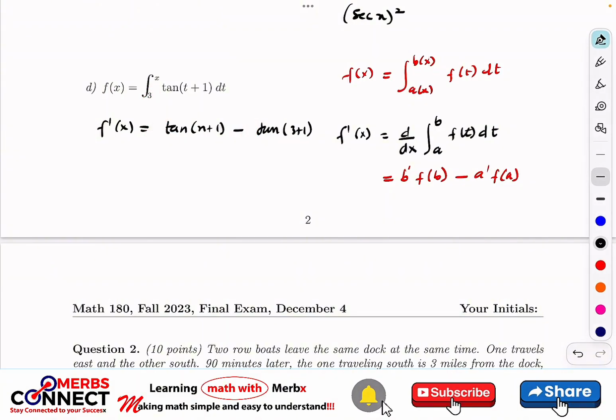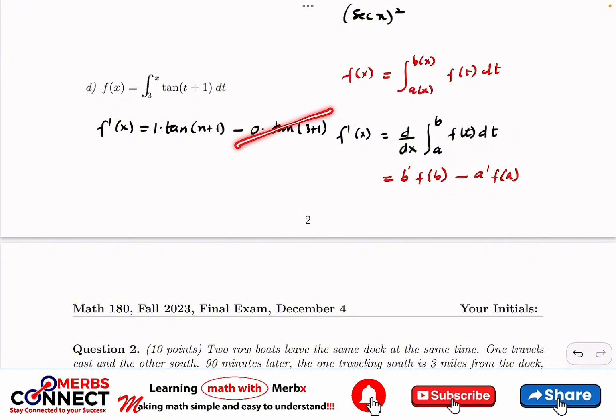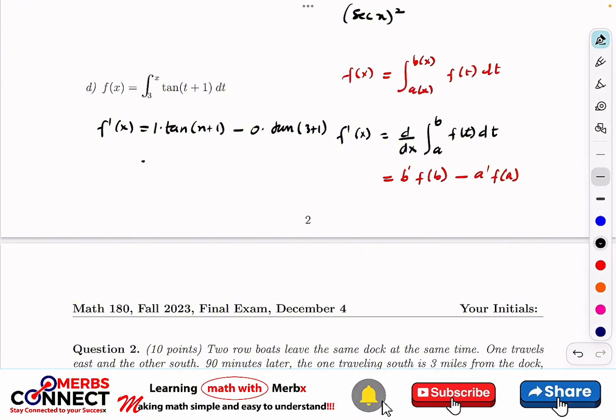When I differentiate x, I'm going to have 1. And when I differentiate 3, I'm going to have 0 because 3 is constant. So I'm going to have something like 0 times what is there, and 0 times this will just go to 0. So this is left with tangent of x plus 1.